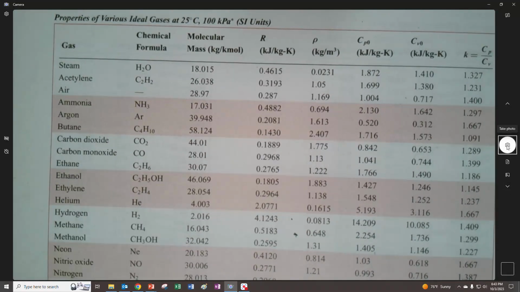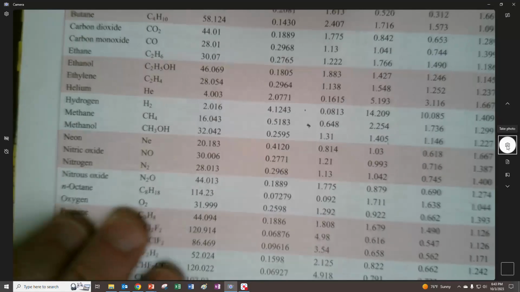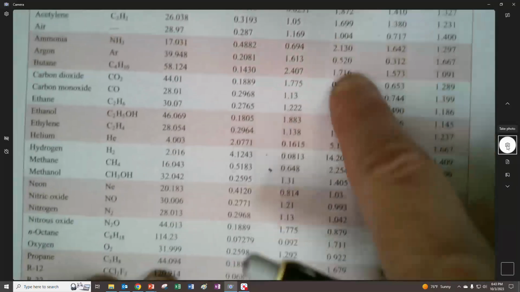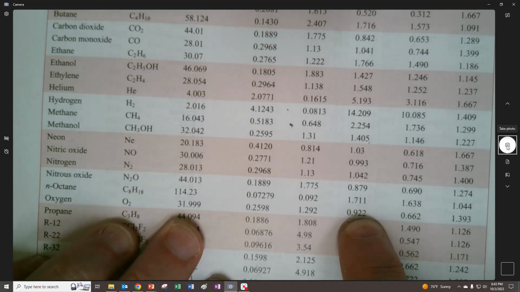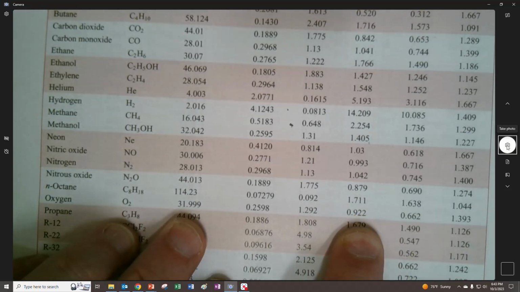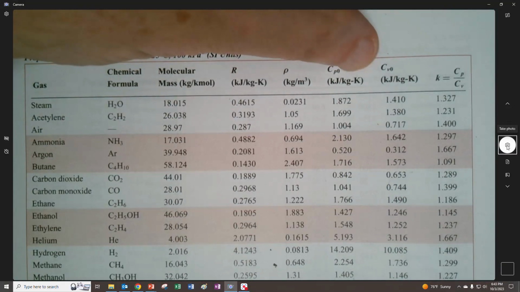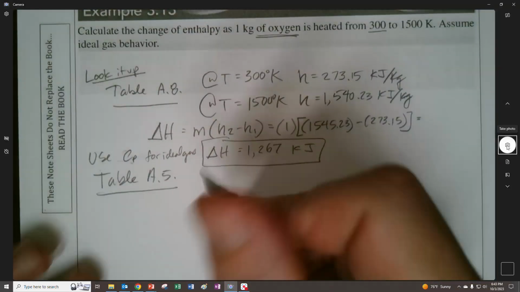And this is going to be oxygen. So down here, oxygen. Let's see what column we should be looking for. We should be looking for this column right here. And we get 0.922 with the units of kilojoules per kilogram degree Kelvin. So let's write that down.